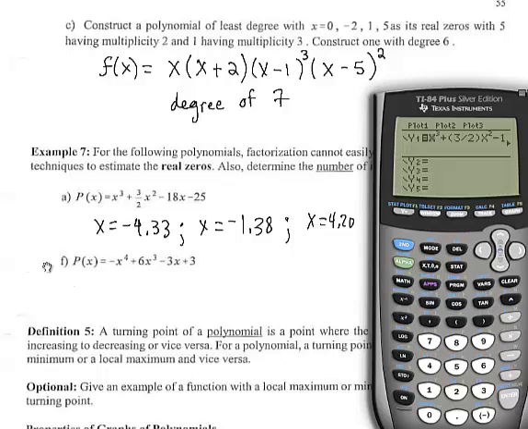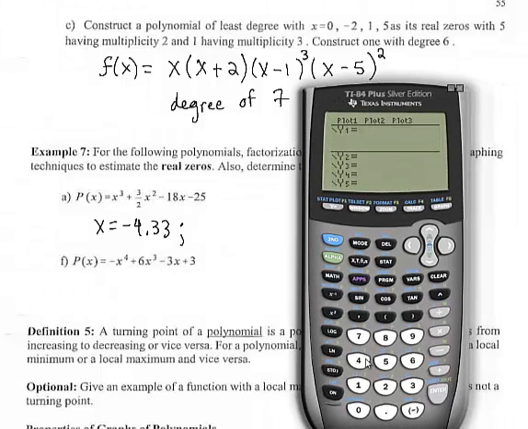For f, we have a new function or polynomial. Into my y editor, I type minus x to the fourth plus 6 x to the third power, arrow over to the right, minus 3x plus 3, enter.